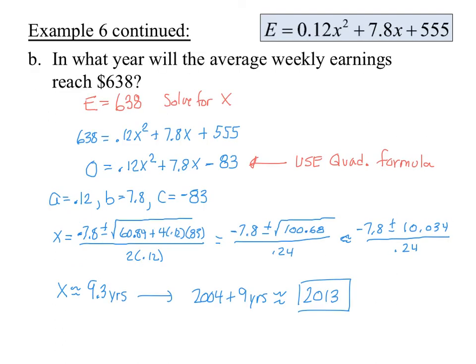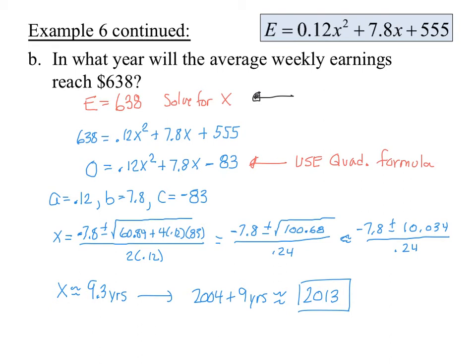Now we're asked the question, in what year will the average weekly earnings reach 638? So now we're going to solve for x in this particular case. So E is 638.